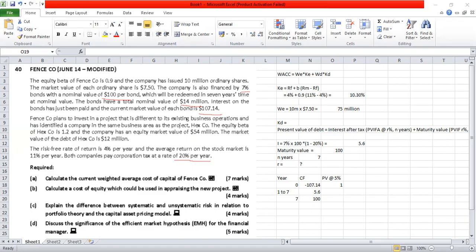Okay, done. 5.786. Then for the 7th year, it is not an annuity, it is only one, because the maturity value is only one time at the end of the 7th year. So what is it? The present value interest factor at 5% in the 7th year.